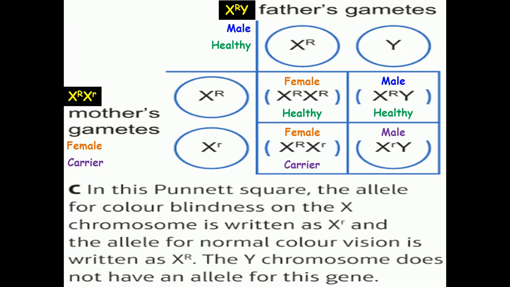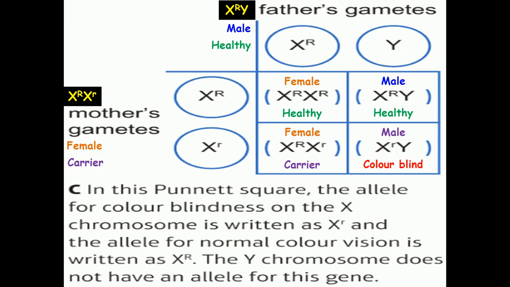And then the male is just lowercase r on its own. Again, there is no second allele because the Y chromosome doesn't have that allele. It's missing in its section of the chromosome. So therefore, because it's only got lowercase r, it will have to express and develop that disorder. So this male has got color blindness.